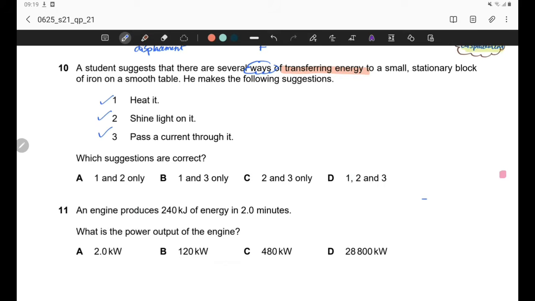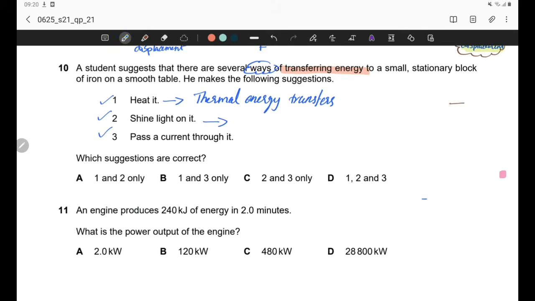The first option is that by heating the block we can transfer energy to the block, and that is very clear. That is correct, because when we heat any object, heat energy or thermal energy transfers to the block. So the first suggestion is correct. Let's look at the second suggestion, shine light on it.